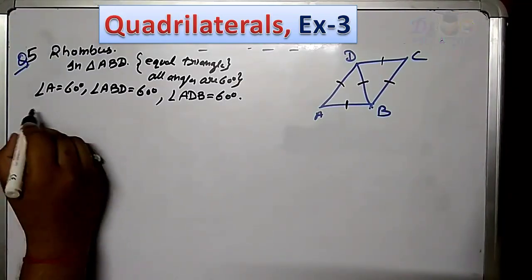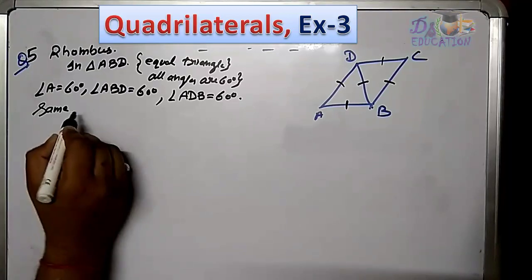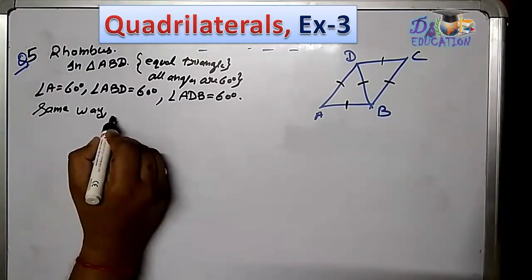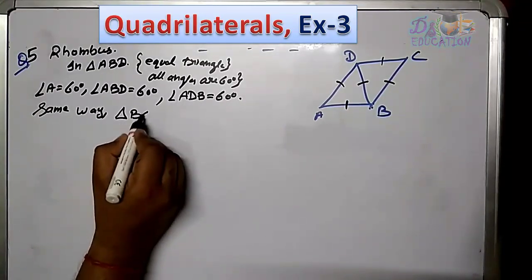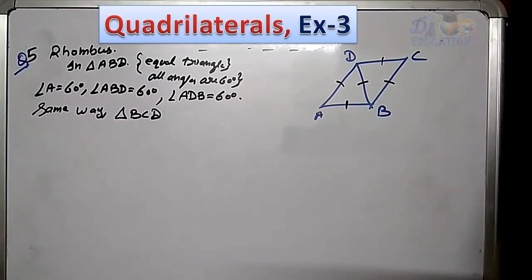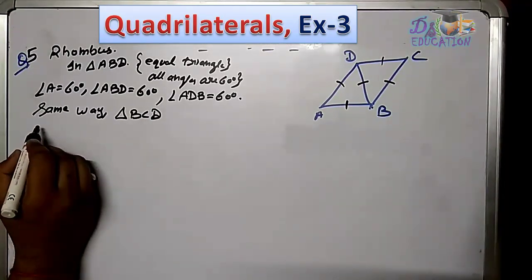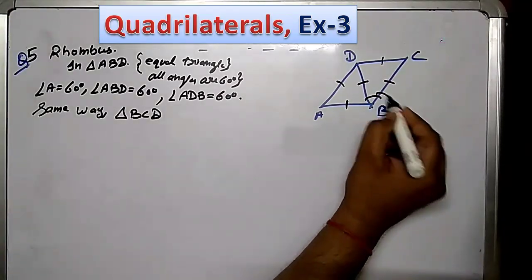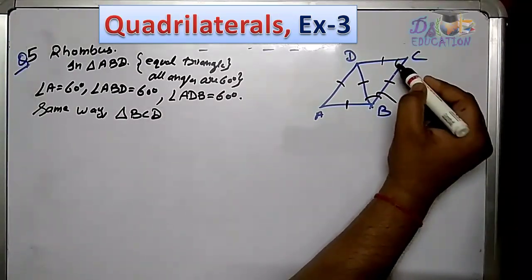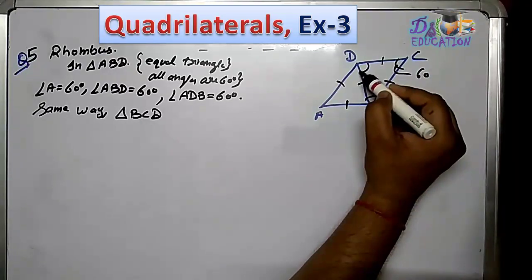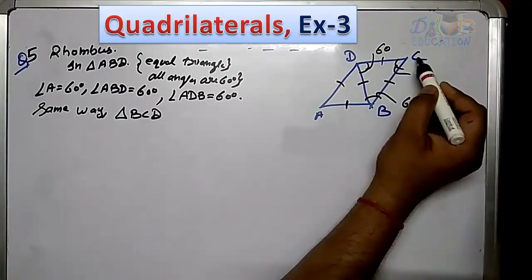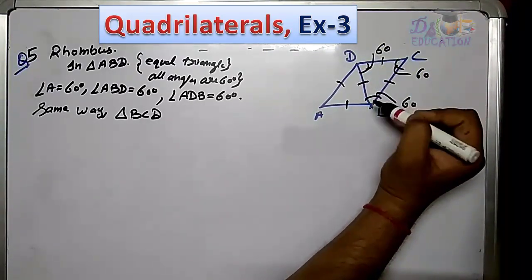Now similarly, triangle BCD is also having the same angles. This angle is equal to 60 degrees, this angle is 60 degrees, and this angle is also 60 degrees. Why? Because it is an equilateral triangle.